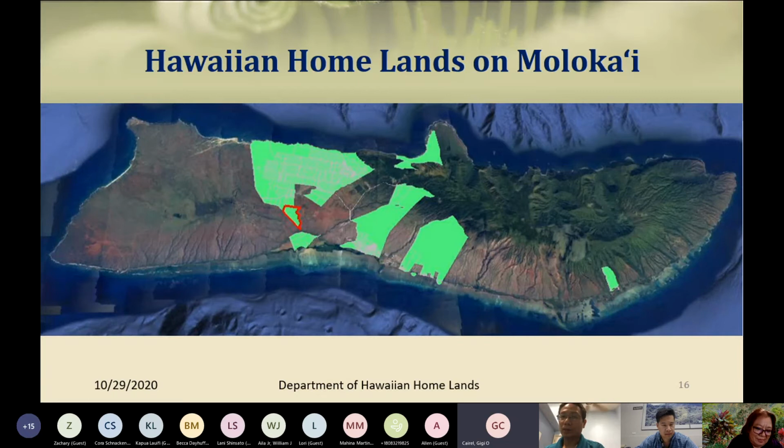Okay, next question. Besides being the energy holder, what is Hawaiian Electric's role in this? Hawaiian Electric will benefit directly from this project whose land is set aside for Hawaiians. How is Hawaiian Electric contributing to the Homestead community?